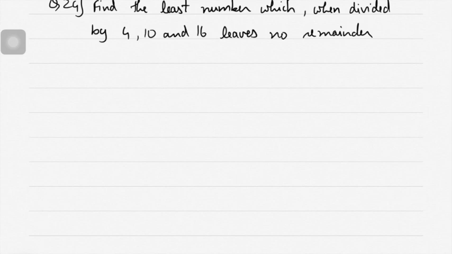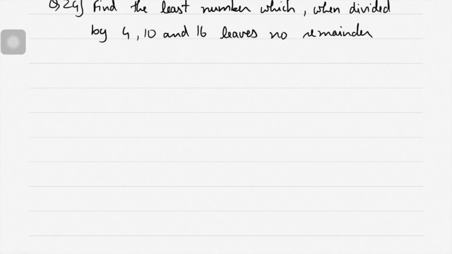Okay. So you have to find a number which divides, that means which is divisible by 4, 10 and 16. Okay, there is no remainder. Whenever a number is divisible by any other number and there is no remainder, it means that it is divisible, right?